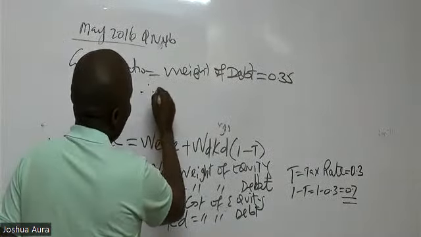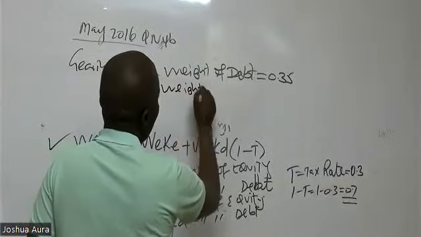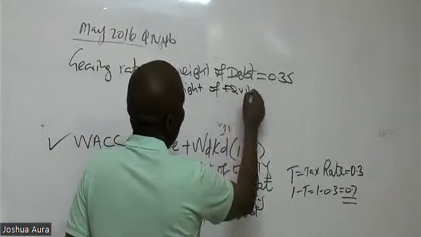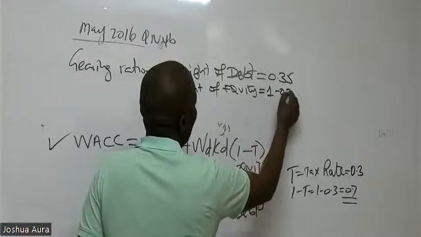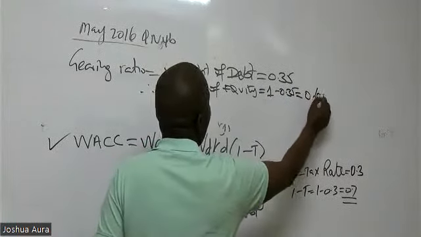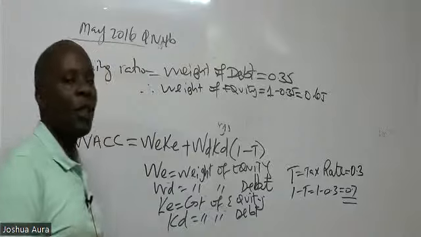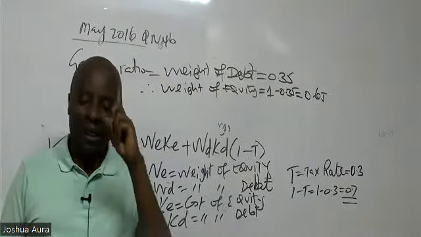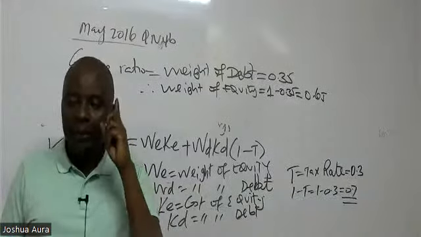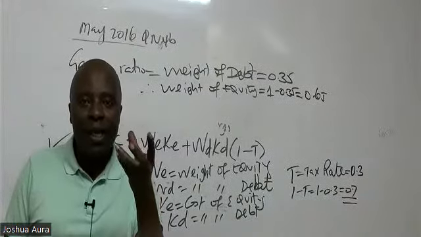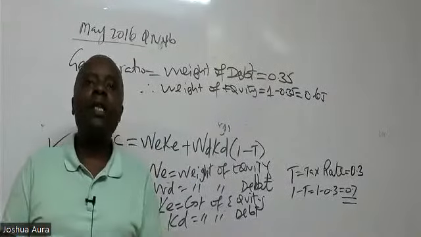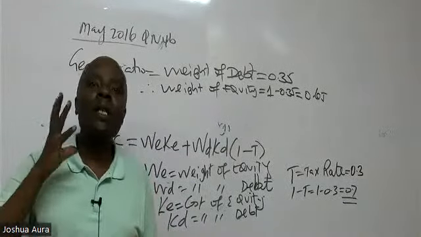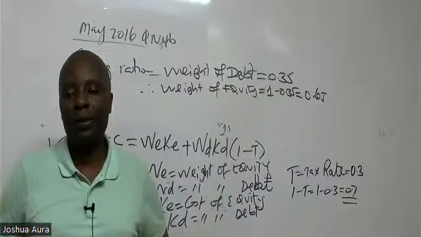Therefore, weight of equity will be 1 minus 0.35, which is 0.65. The two are mutually exhaustive. When you add the two, they must always add up to 1. Once you tell me one component, getting the other component is as easy as a walk in the park.